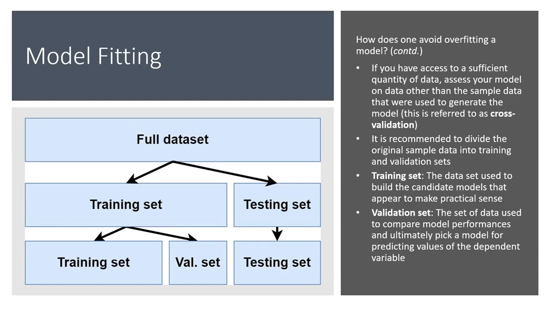And it's recommended that you divide your original sample data into your training set and your validation set. So your training set is the set that you use to make your model. And that's going to build the candidate models that appear to make practical sense. Your validation is going to be the data that you use to compare your model performances together. And ultimately, you'll end up picking a model for predicting values of your dependent variable.